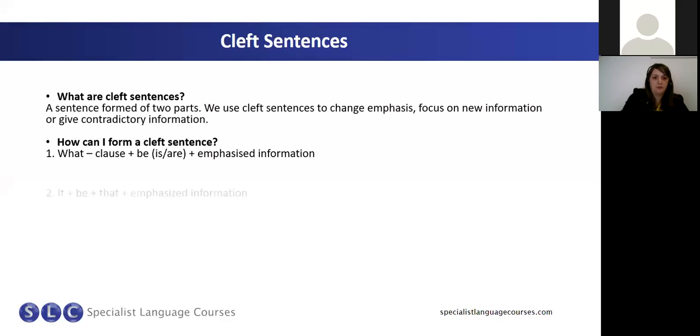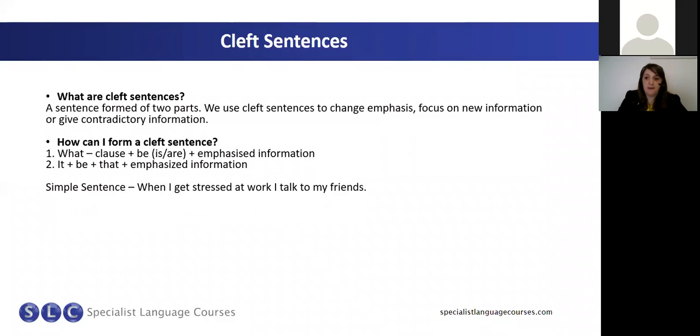The second way to form a cleft sentence is using it. So we start with it, then we use the verb to be, followed by that and the information that you want to emphasize. So let's look at some examples. We can have a simple sentence, which is one part: When I get stressed at work, I talk to my friends.